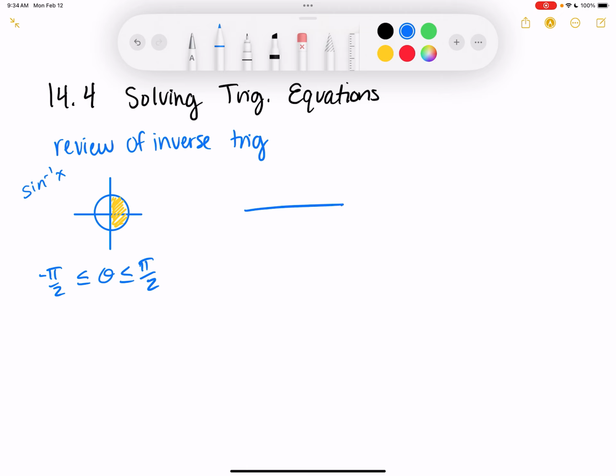Let's see. Inverse cosine occurs where? Top, bottom, left, or right? Top. And what values does theta take on here?